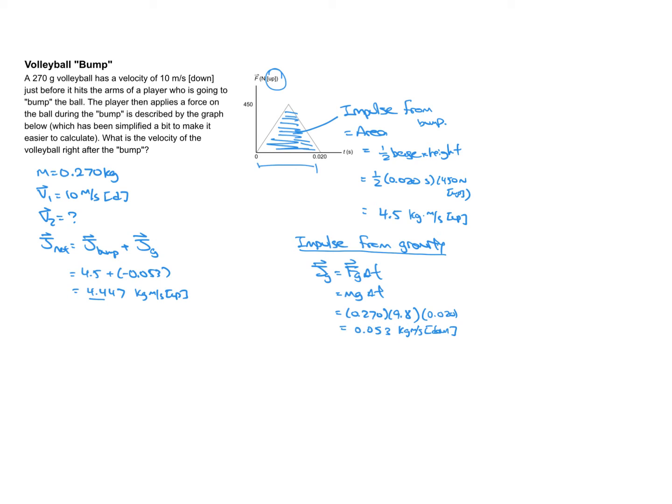In my list on the left, I want to make sure everything's in the same direction. I'm going to make up my main direction, so I'm going to change the V1 to negative 10 meters per second up. Okay, now I will apply the impulse momentum formula. Delta P equals net impulse.